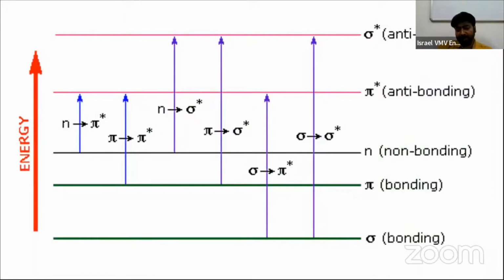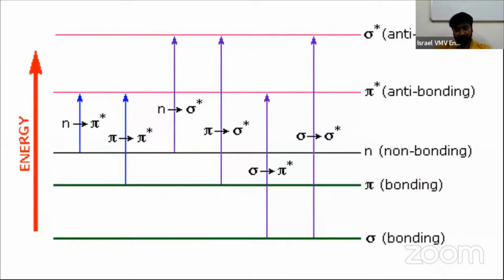The pi electrons have higher energy. They are in a level that is above the sigma bond, and they go to the pi star level. It could be the pi star level or the sigma star level. The energy of absorption leads to excitation, so you can call it the energy of absorption or the energy of excitation.